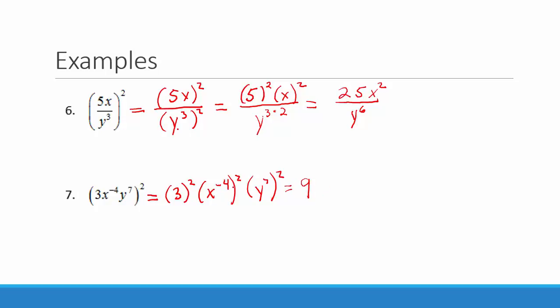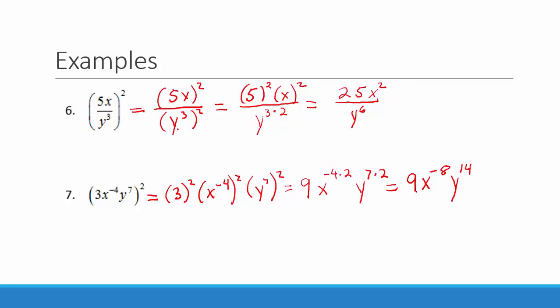And we have a power raised to a power, so we multiply the powers. Negative 4 times 2 on our x, and 7 times 2 on our y. So we get 9x. Negative 4 times 2 is negative 8. And 7 times 2 is 14.